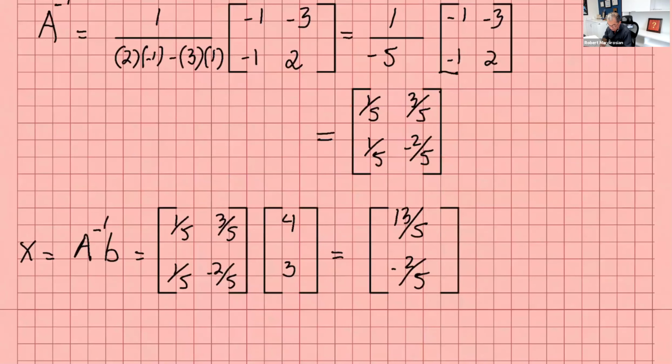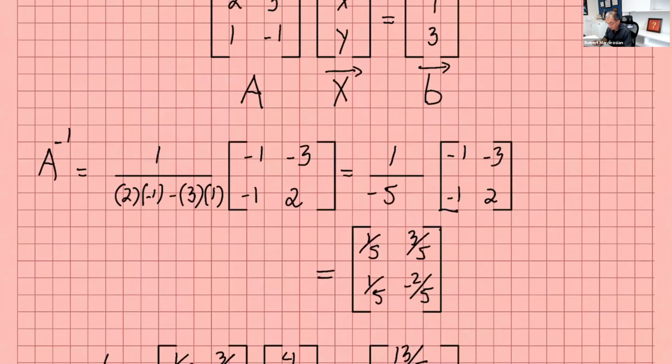Now, if you take the inverse and multiply it by the constant column, again matrix multiplication, that times that plus that times that is going to give you 13/5. 1/5 times 4 minus 2/5 times 2 is going to give you -2/5. Conclusion: this is X and that's Y, which is the same answer.